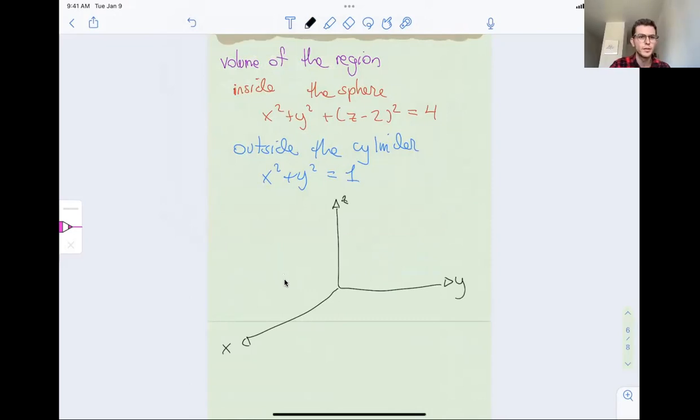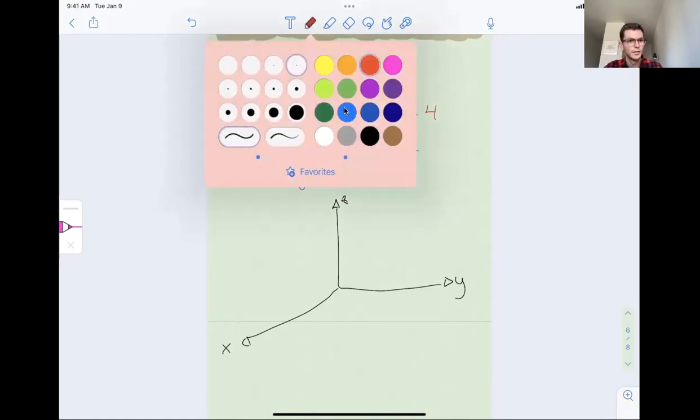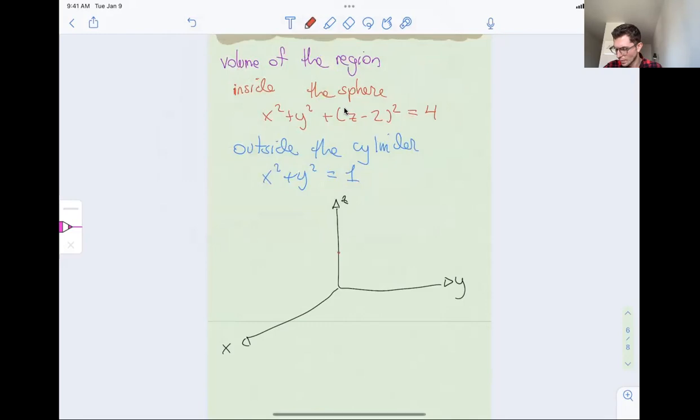What's the equation of this sphere? What radius does it have? And where is it centered? At 0, 0, 2, right? So here you go.